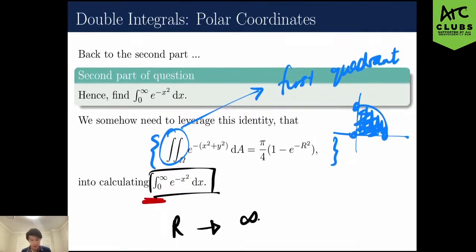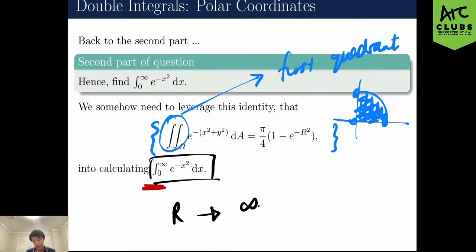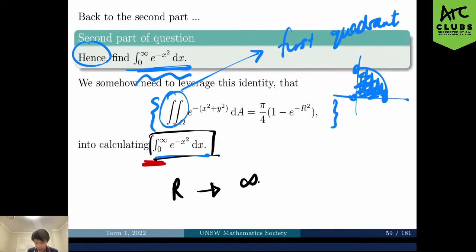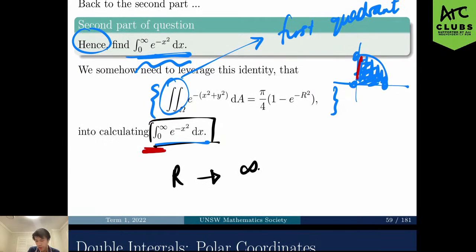The second question was that somehow we need to change this and calculate the integral from 0 to infinity of e to the minus x squared dx. That's the second part. It says, hence, find this part. And what I was saying, presumably without any visual aids, which made it a bit difficult, is that we've got something with a finite integral here and something with an infinite integral here.